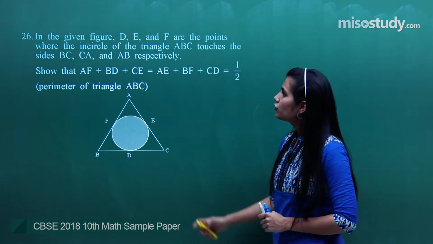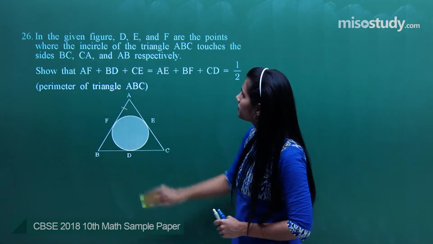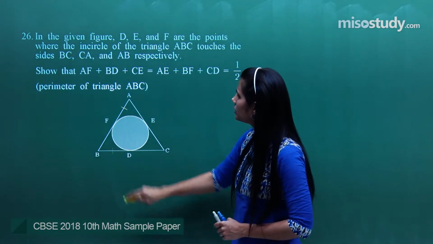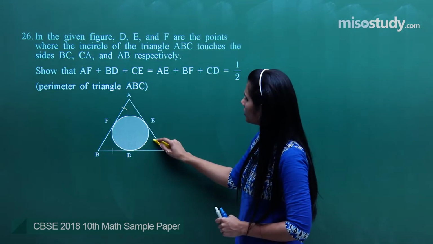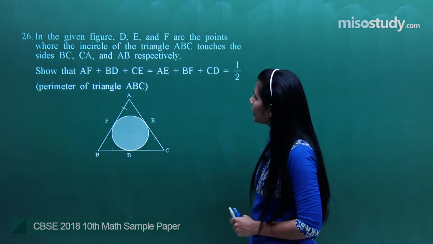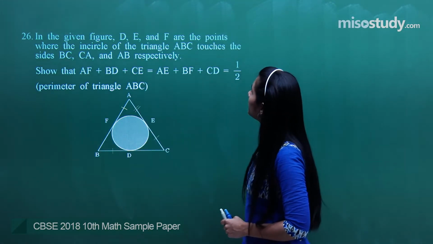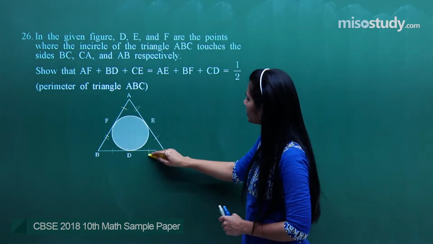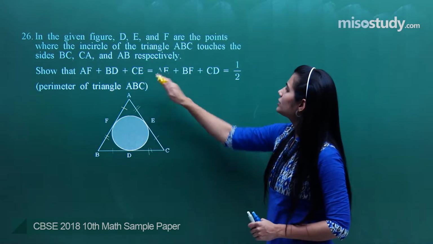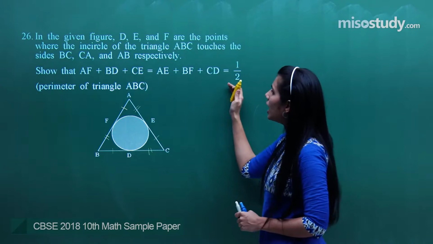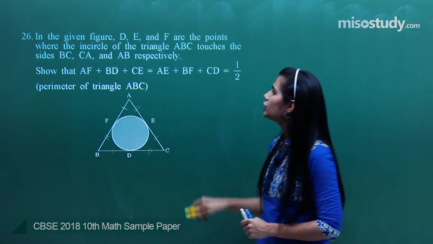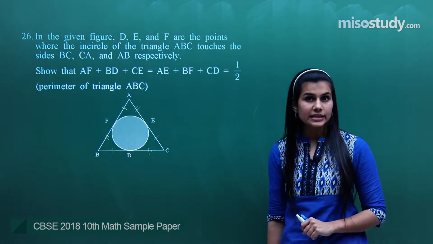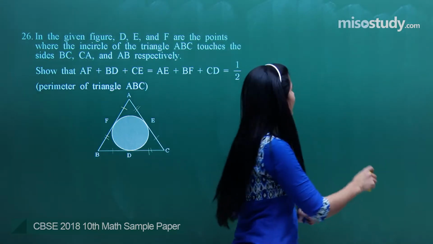Then it is saying show that AF plus BD plus CE is equal to AE plus BF plus CD, and both these sums are equal to half of the perimeter of the triangle ABC. So what is it that I have to show?